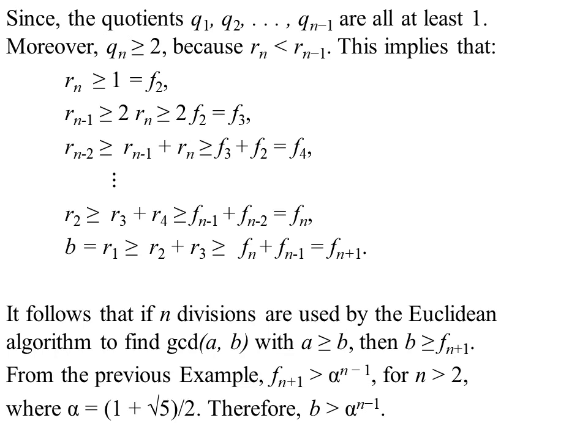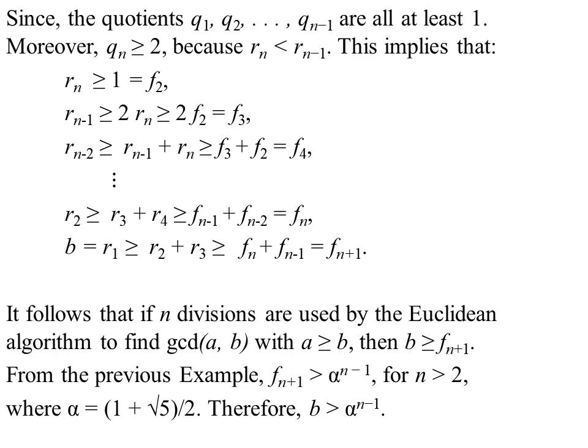So B will be greater than or equal to Fn plus 1. So when we use n divisions by the Euclidean algorithm to find GCD of A comma B, where A is greater than or equal to B, then B will be greater than or equal to Fn plus 1.